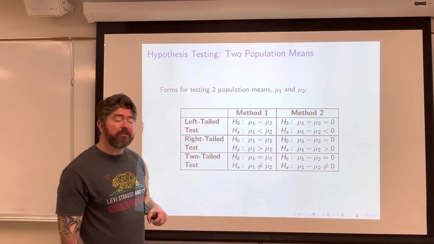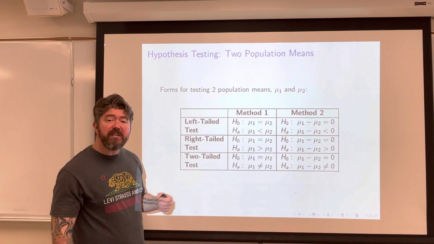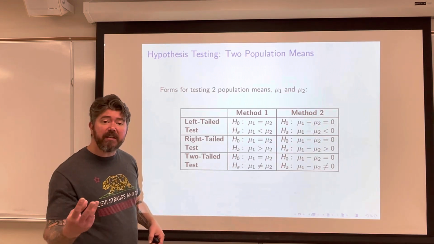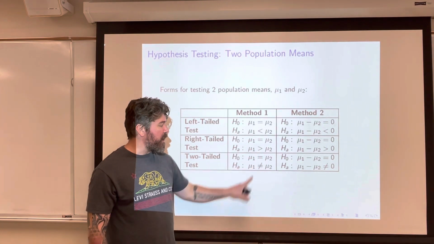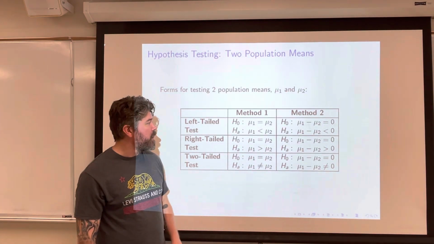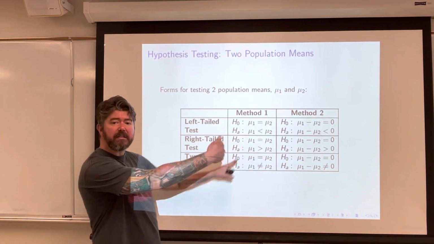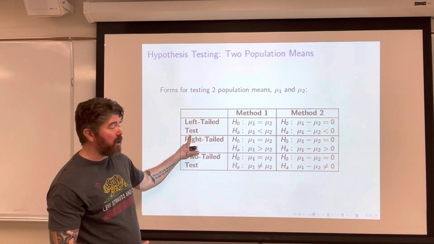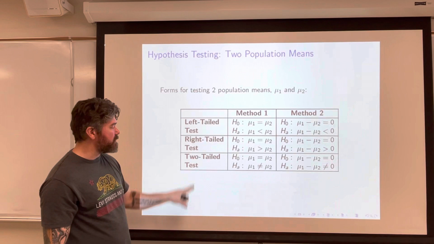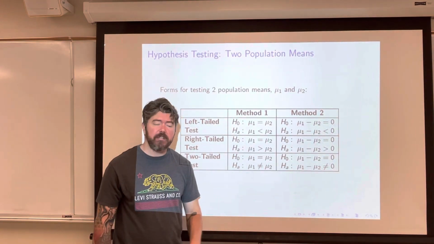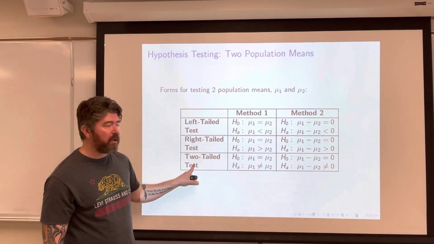Now, our alternative hypothesis, we still always use the three symbols we saw in the previous chapter: less than, greater than, or not equal to. Remember, less than points to the left. It's a left-tailed test. Greater than points to the right. It's a right-tailed test. And the not equal symbol represents our two-tailed test.